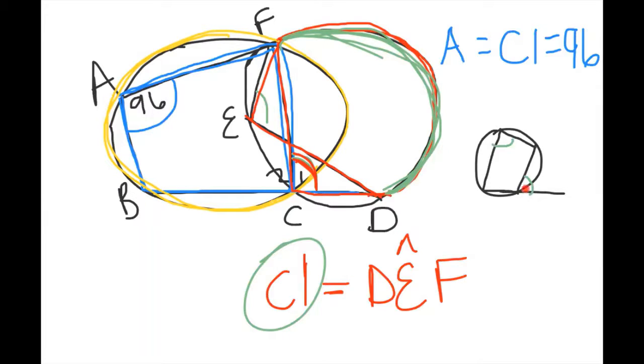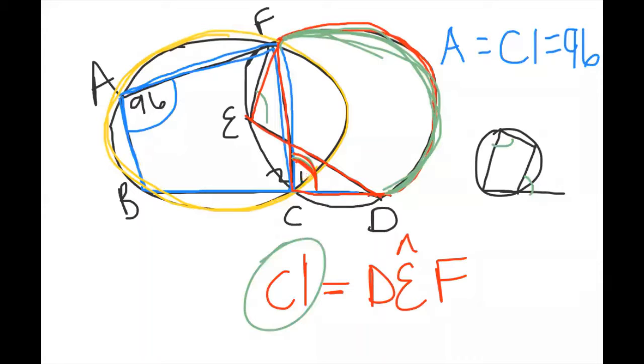The outside angle equals the opposite inside angle. I think the rule is called the extended angles of a cyclic quadrilateral. Based on this rule, A, 96, equals C1, which is 96. And there you actually have the answer.